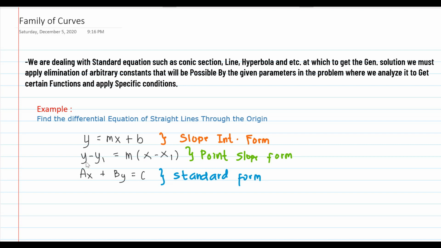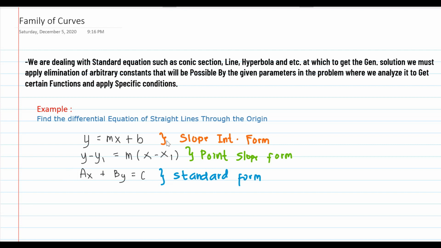Next is y minus y1 equals m quantity x minus x1, which is the point-slope form. And the third one is ax plus by equals c, which is the standard form. To execute the solution for this problem, we must choose the best equation that suits the problem itself.